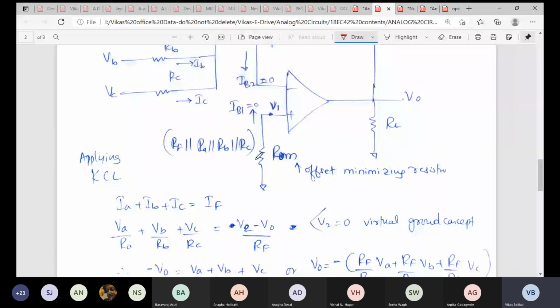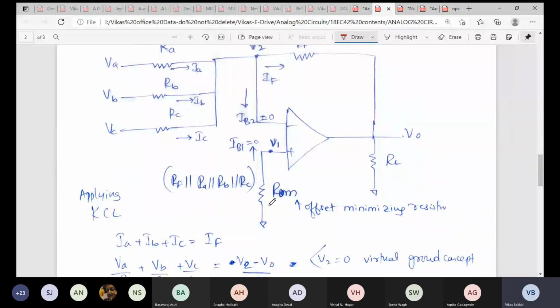Why do we use this resistor? By using this resistor, if I apply the same voltage, or by chance if V1 and V2, both voltages, are the same, then my output voltage automatically becomes 0.